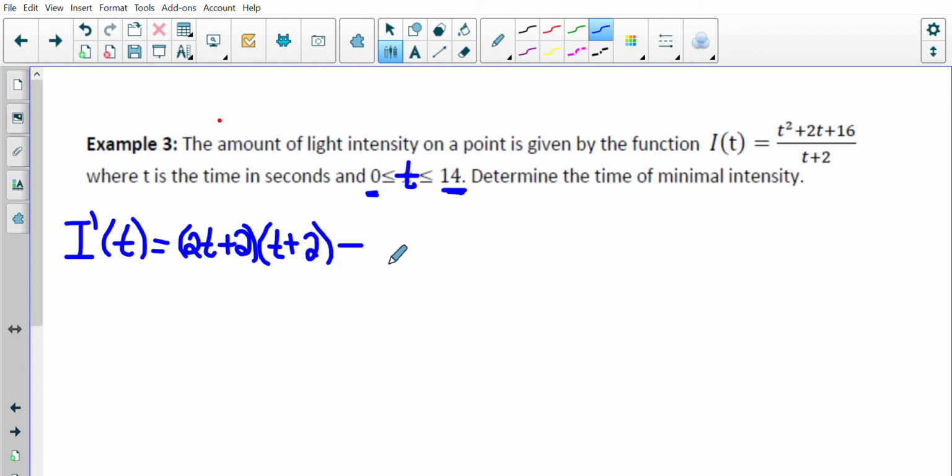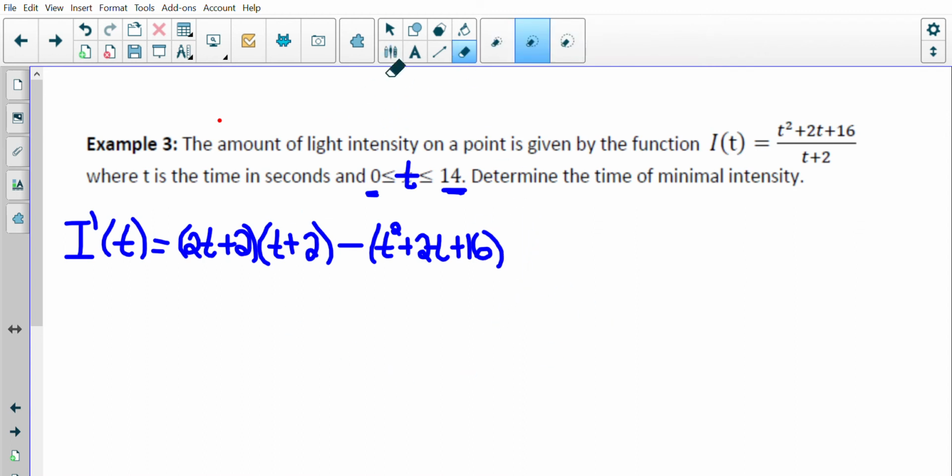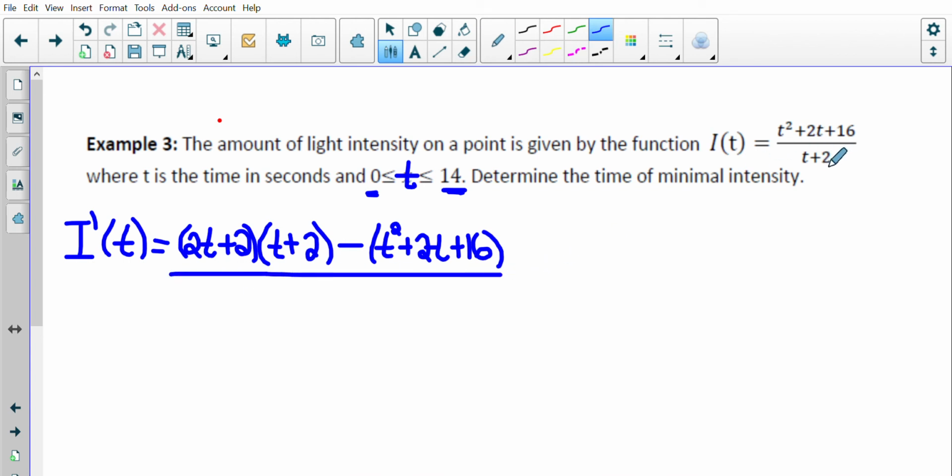Subtract our top function, the numerator, which is t squared plus 2t plus 16, and then multiply that by the derivative of the denominator, which is just 1, so it's not going to change anything. And of course, can't forget the divided by our denominator squared, t plus 2 squared. All right, so that's our derivative.